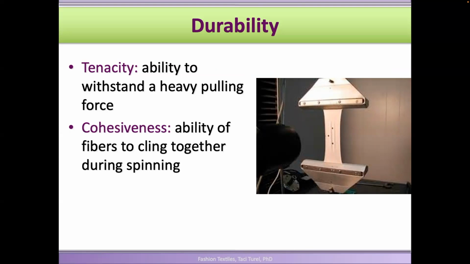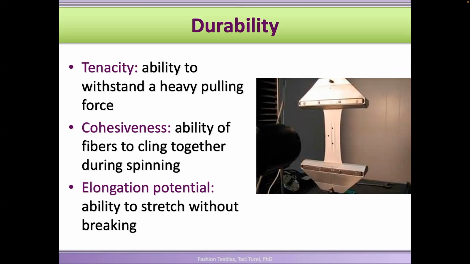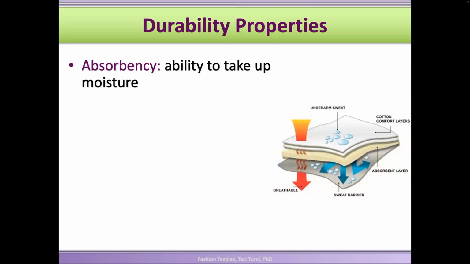Cohesiveness is the ability of fibers to cling together to make the yarn. Elongation is when you stretch a fabric, does it keep getting a little bit longer without breaking? Absorbency is the ability to take up moisture.